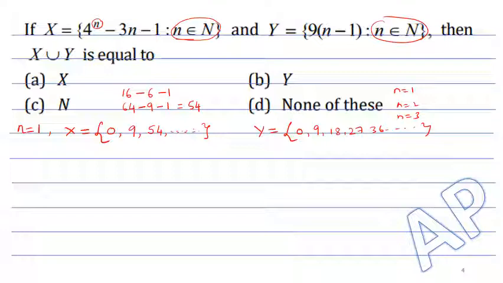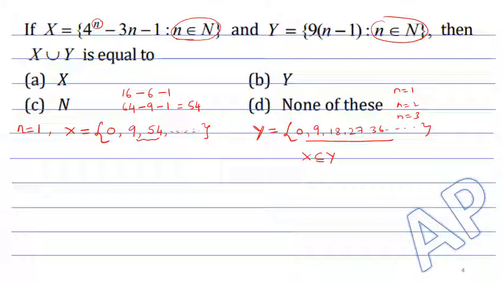So what happened is, y is set of all multiples of 9, whereas x is some multiples of 9. So clearly x is a subset or equal to y. Clearly x is a subset of y because there are some numbers missing between 9 and 54 which are multiples of 9.